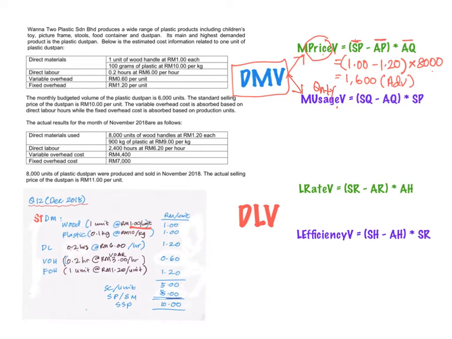Okay, so material usage variance deals with standard quantity and actual quantity. So standard quantity compared with our actual quantity, times it with the standard price of the material. We are still talking about the wood handles here. So let's talk about standard quantity here.